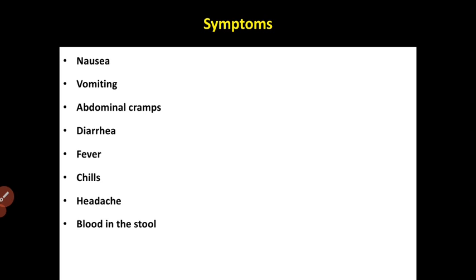Now see, when I was talking about E. coli symptoms, I told you that whenever there are symptoms given, it is not that Salmonella has different symptoms and E. coli has different. There are symptoms which are similar for many pathogens. So unless there's a proper diagnosis, proper testing, it is not recommended to start with any kind of treatment.